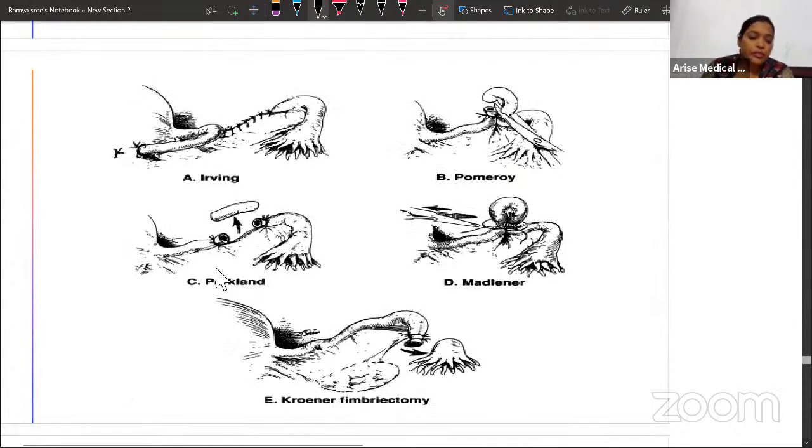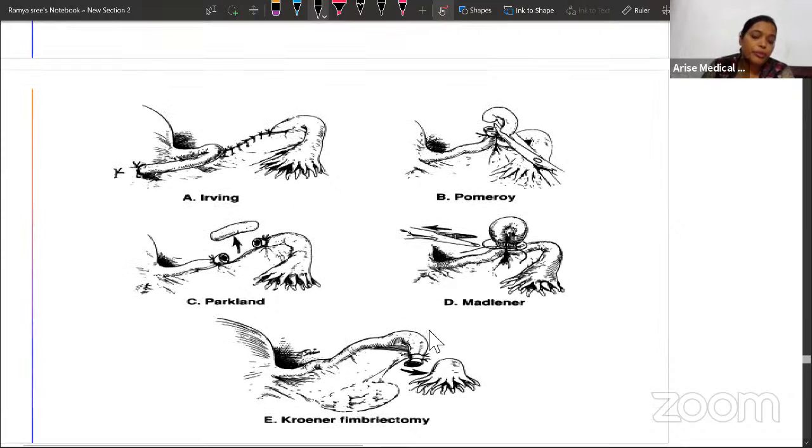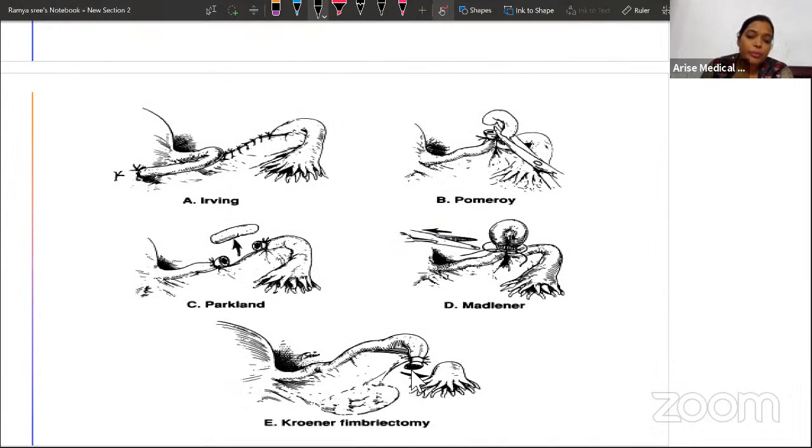So these are the pictures of the different mini laparotomy procedures. This is Kroner's fimbrectomy, where you're just removing the fimbria, but you have the entire length of the tube still intact. So this one has a very high failure rate. Kroner's fimbrectomy has the highest failure rate among all mini laparotomy methods.